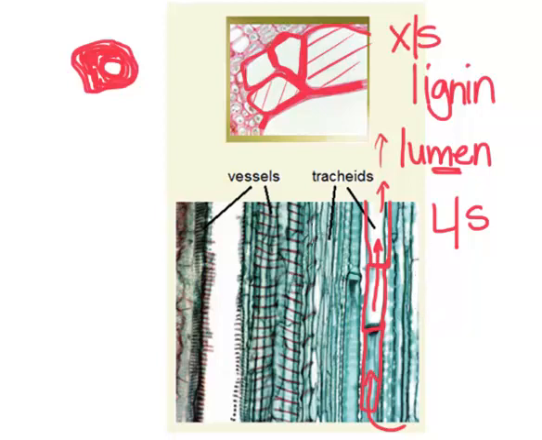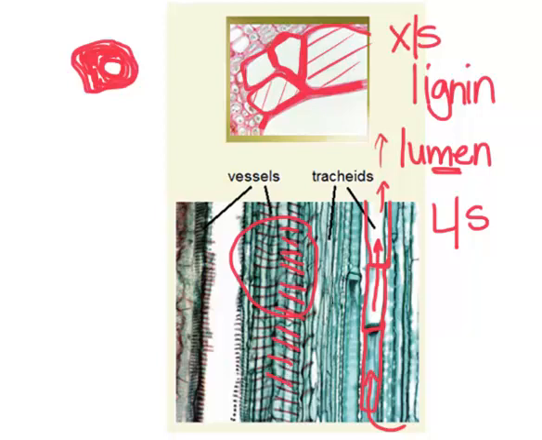Now, here in these vessels, you can see that the thickening, the lignin, sometimes appears in patterns. We can get rings of lignin, all creating interesting patterns on the surface of the xylem cell.